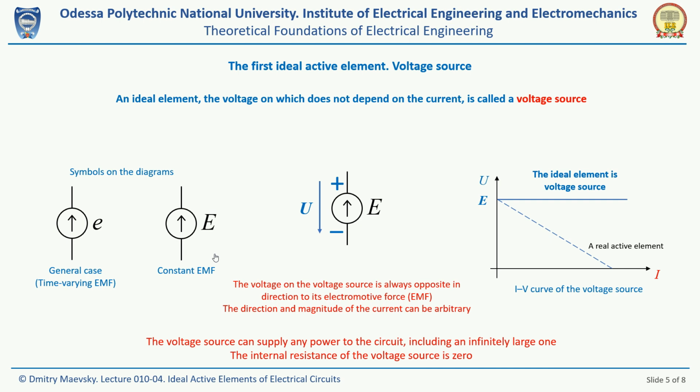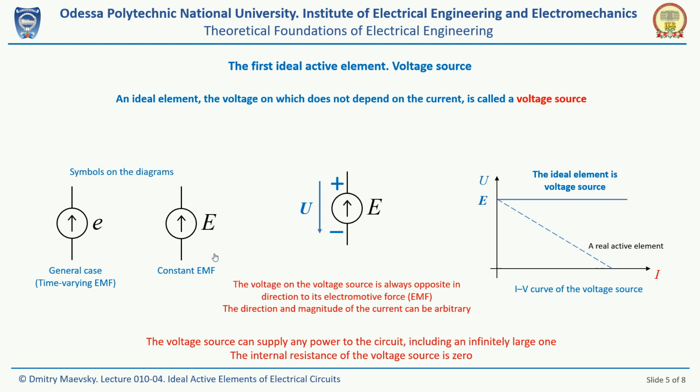In turn, the current of such a source can be any, both in terms of magnitude and direction. Its current does not depend on the voltage at the source. This current depends only on factors external to the source, that is, on the circuit to which the voltage source is connected.